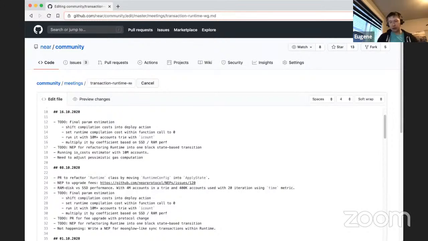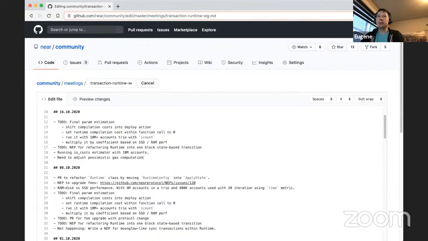So pessimistic gas is when you spawn a transaction, we calculate how many hops it can do on the blockchain. So how far in the blocks in the future it will go, considering it does one function call per block, for example. Then comparing how much gas you have and how much it costs to do this function call, we compute how many blocks in the future you can continue executing this transaction.